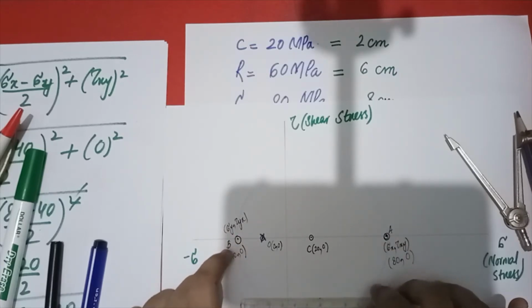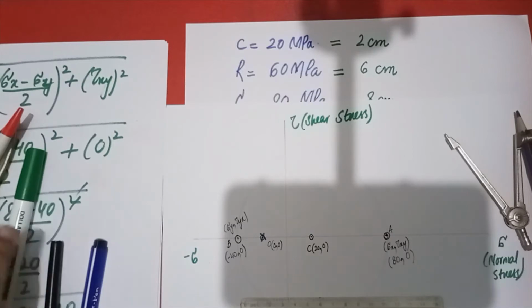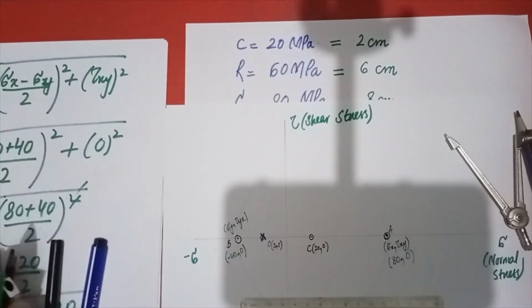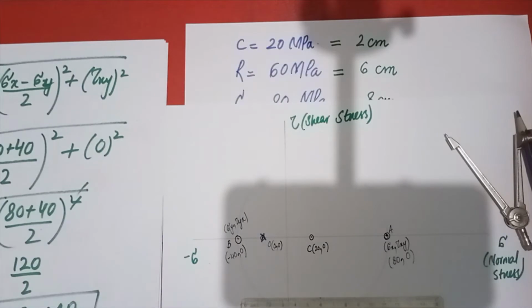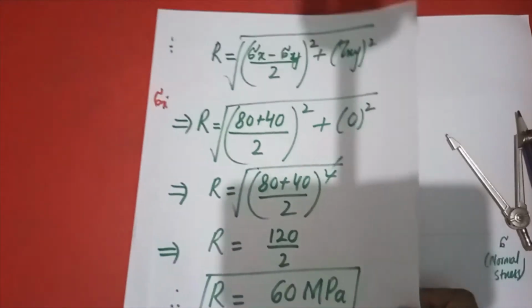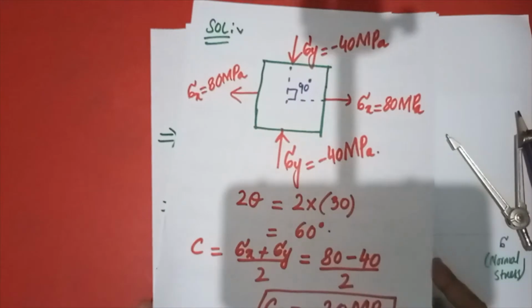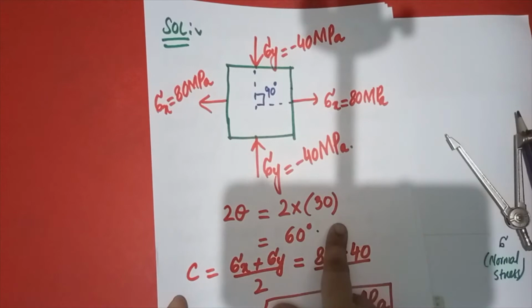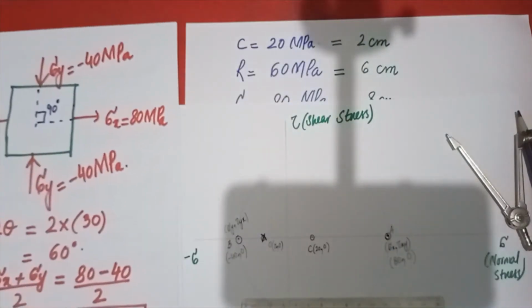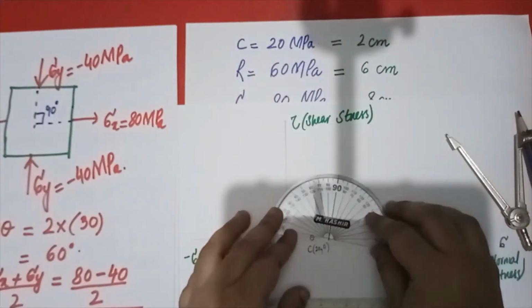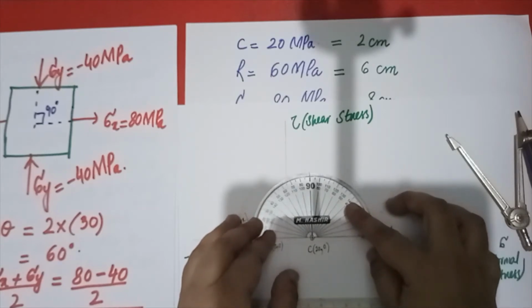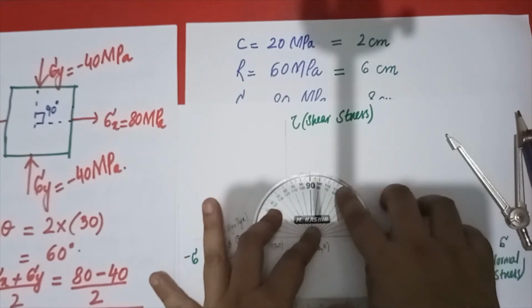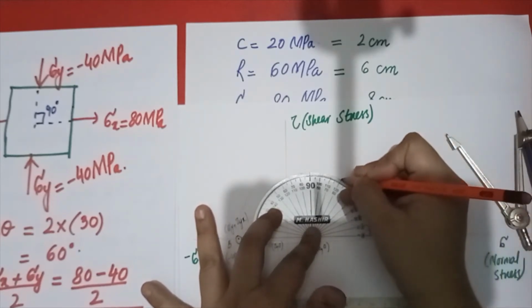Now I have to take the D, but before that I want to show one thing here. Actually, I already told you in the question that the angle given is 30 degrees. So for Mohr circle it will be twice, so 2 into 30 is equal to 60 degrees. So I have to put D here, and then take 60 degrees and mark this point here.